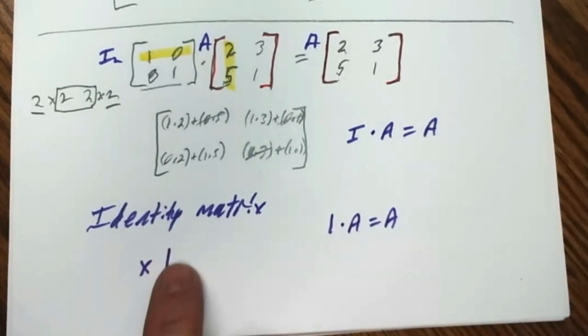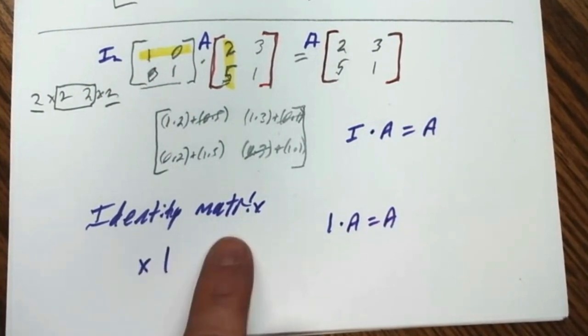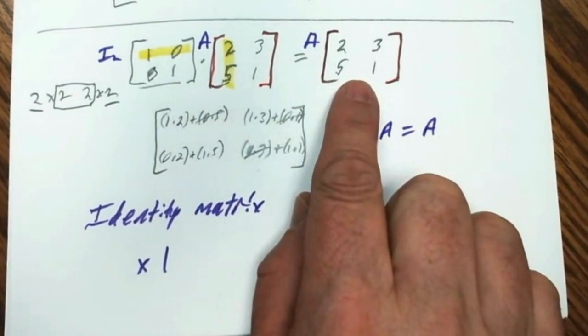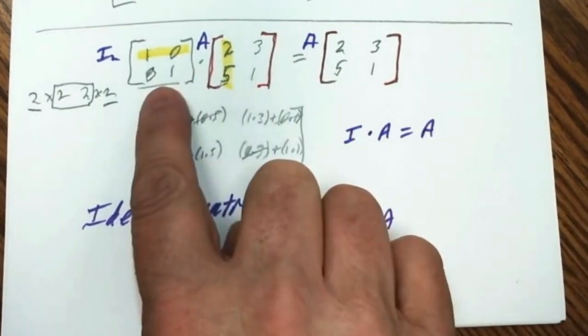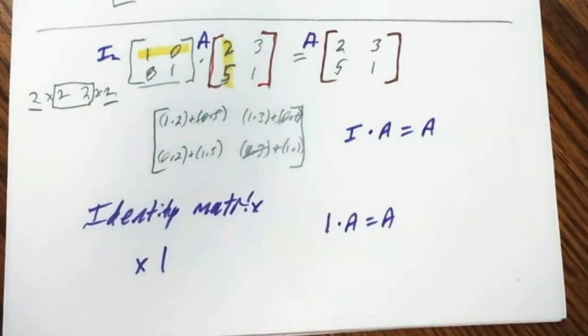So that's handy to know. There are going to be some questions in our quiz this week where you have to understand what an identity matrix will do. An identity matrix won't change anything. Whatever this matrix is, it's still going to be that after we multiply it by an identity matrix.